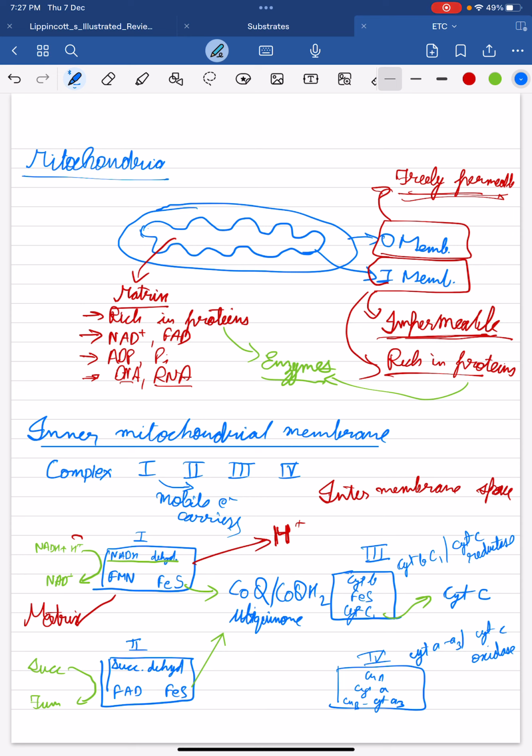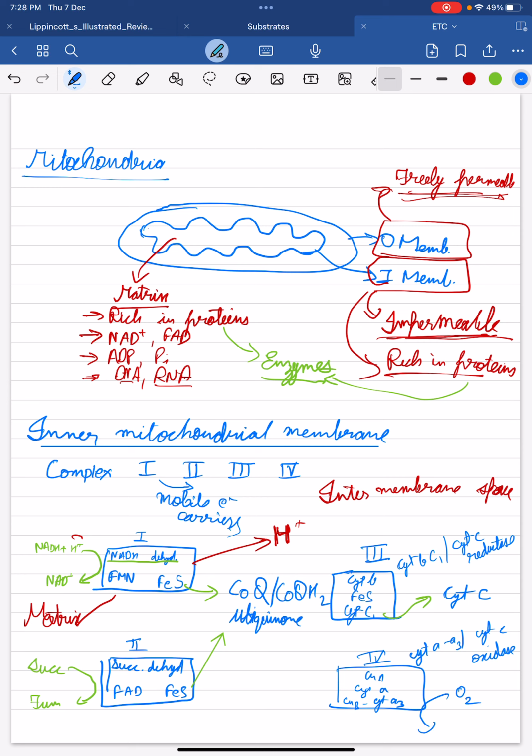Now what is special about this complex 4 is that it is the only electron carrier in which the heme group, which is present in the cytochromes, has a space for oxygen to bind.